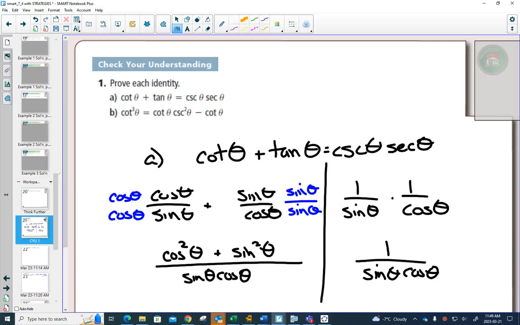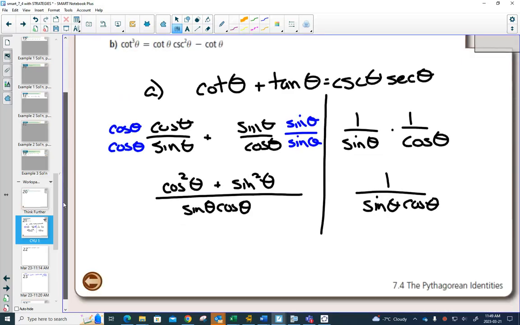One of the things you're also going to get good at in your proofs is looking for hints. One side gives you a hint for the other side. For example, my denominators are the same, but my numerators are different. This one has a 1, and this one has a cos squared plus sine squared. Then maybe at that moment you realize, I can always change sine squared theta plus cos squared theta to equal 1.